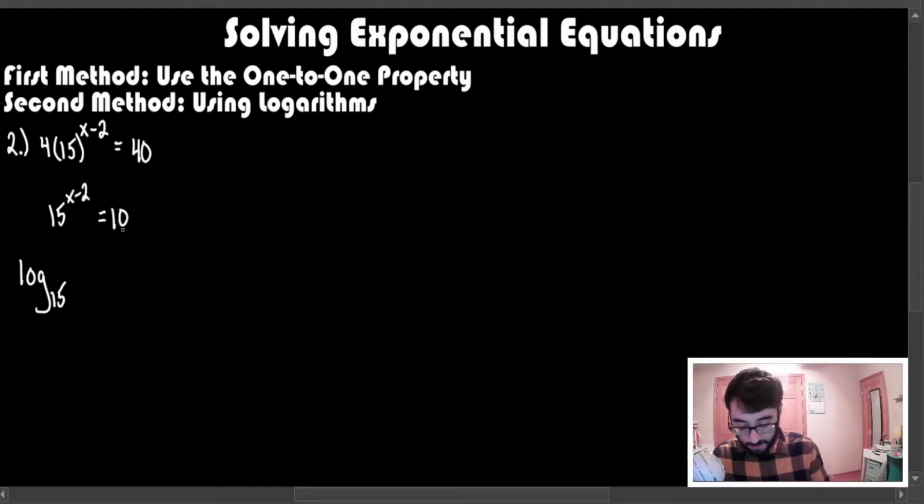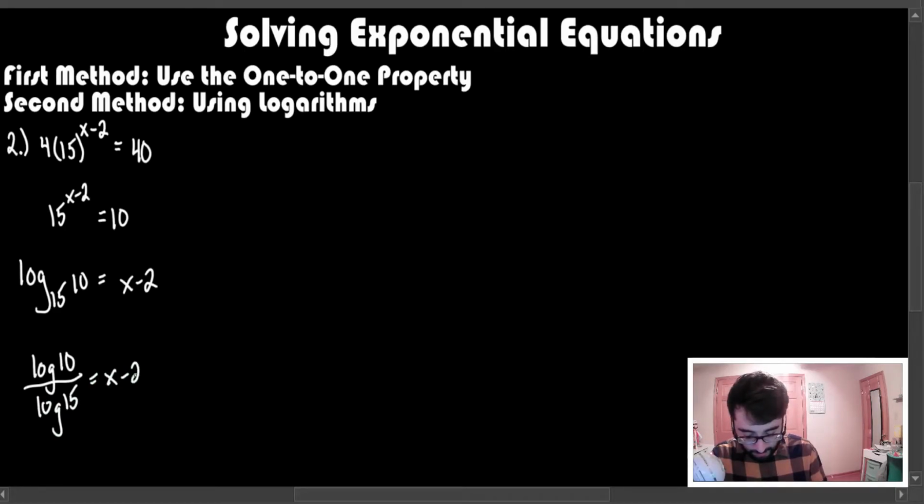Log base 15 of 10 is equal to our exponent of x minus 2. And remember, if you're taking this approach, now you have to use the change of base property. So that is going to be log of our argument, so log of 10 divided by log of our original base, log of 15, is equal to x minus 2.